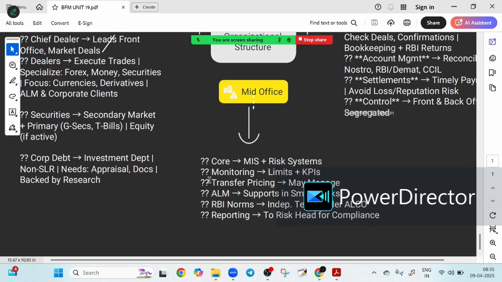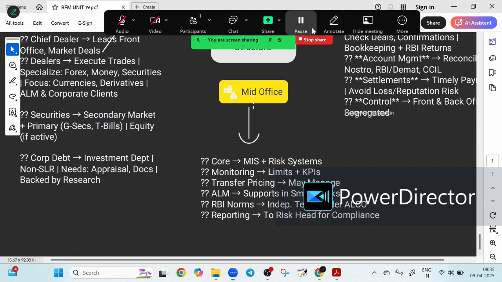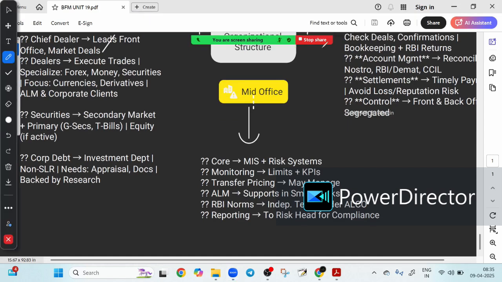If you look at the mid office, it is the brain that monitors risk and compliance. You can call them the watchtower of the treasury, tracking risk, performance, and compliance. It manages MIS, management information system, and risk system, ensuring KPI monitoring, key performance indicator monitoring, and sets the trading limit.